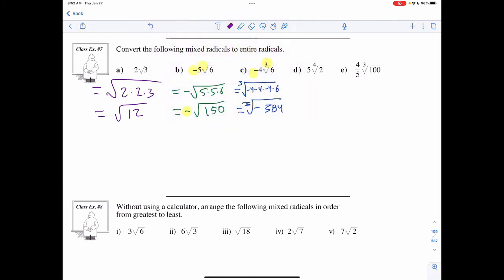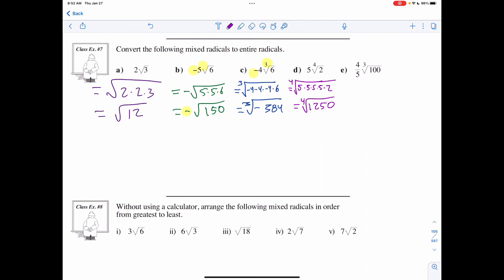When I get to example D, if it's a fourth root, then I'm going to take the fourth root of 5 times 5 times 5 times 5, or 5 to the power 4 times 2. And this is going to give me the fourth root of 1250.